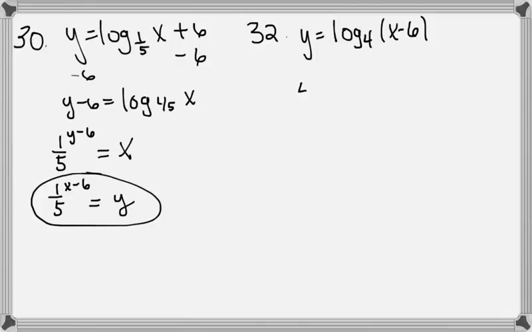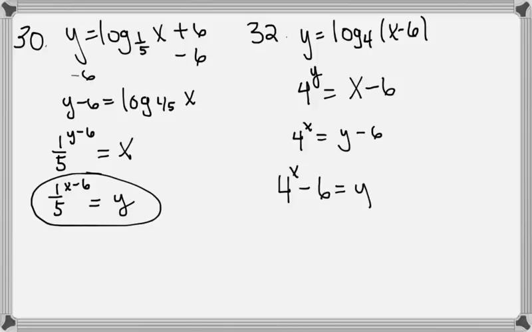So we're going to convert: 4 to the y equals x minus 6. Now I have to go ahead and switch. It's going to be 4 to the x equals y minus 6. So 4 to the x plus 6 equals y.